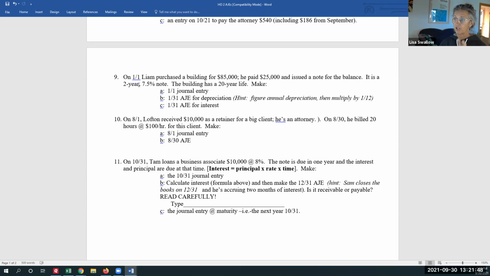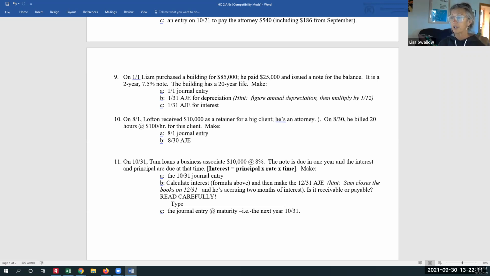Then on January 31st, we have to do an AJE for depreciation. Again, you're going to do that calculation, cost minus salvage value, which is 0 because I haven't told you otherwise, divided by the number of years in the life, and that gives you the annual depreciation. And you're doing that for 1 month.